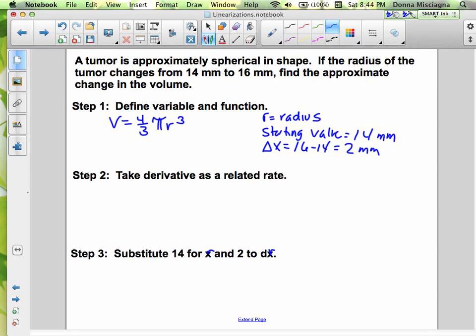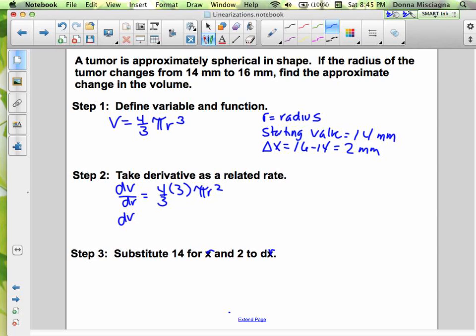So let's take the derivative. dV/dr is 4/3 times 3, I forgot to write the 3 in, pi r squared, just using the power rule. Those 3's will cancel.